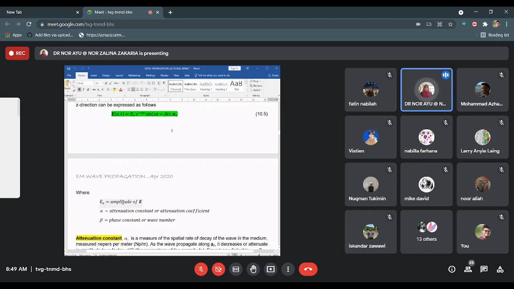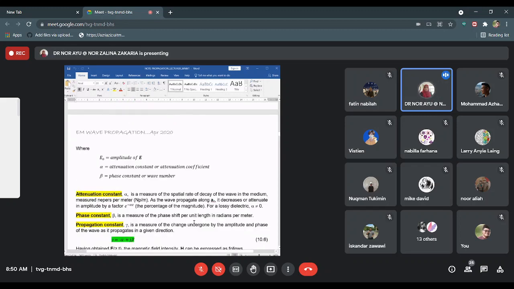So what is E naught? E naught is the amplitude of E. The main part here, E naught e to the power of minus alpha z, is the amplitude of the wave. Then we have alpha, which is the attenuation constant or attenuation coefficient. Beta, as we know just now, is the phase constant or the wave number.